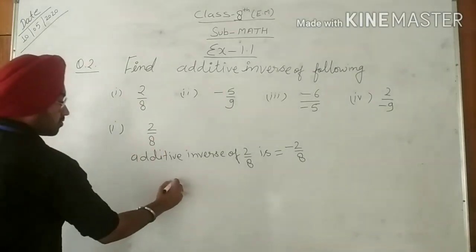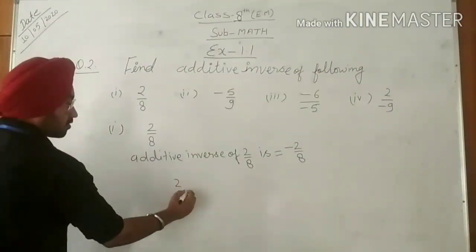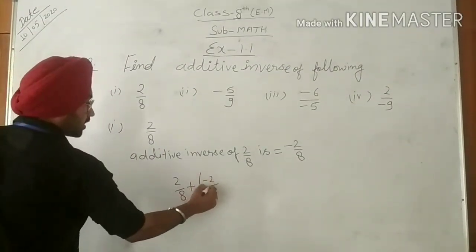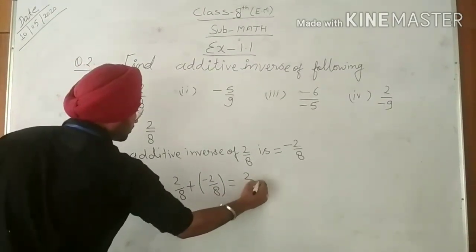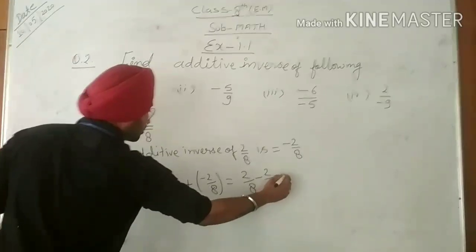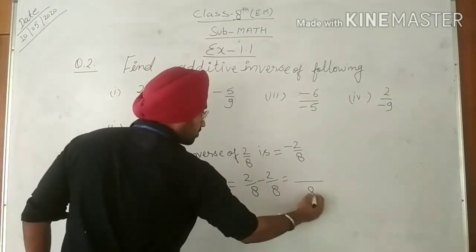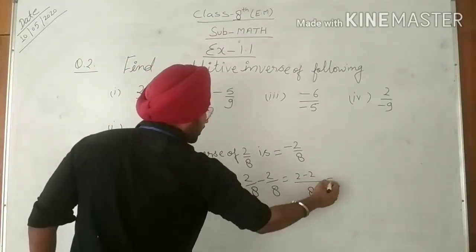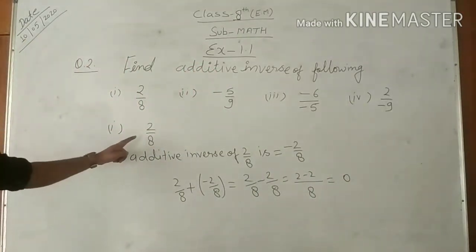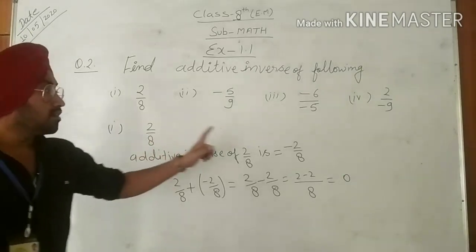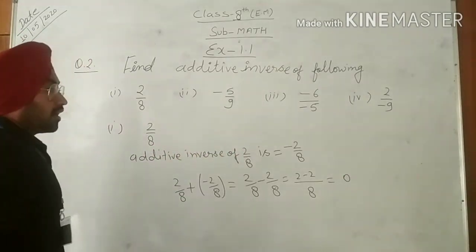If we add them, 2 upon 8 and negative 2 upon 8, we get 0 here, because when we take LCM, it becomes 0. So the additive inverse of 2 upon 8 is negative 2 upon 8.